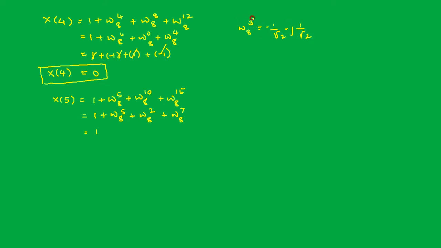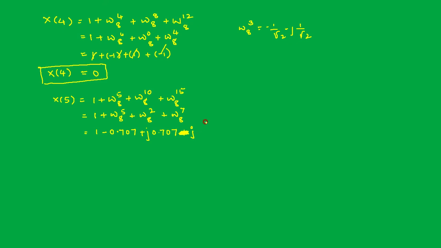If you take the conjugate of this one, I have to change the sign of the imaginary part, so this minus becomes plus j. So 1, and here the real part is minus 0.707, minus j becomes plus j 0.707, and then W8 raised to 2 is how much? It is minus j.